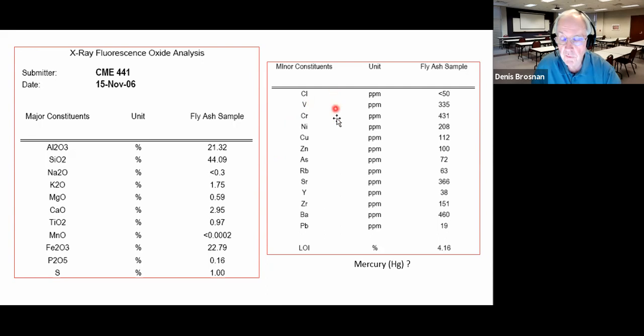We also found minor constituents by X-ray fluorescence. In this particular example, mercury was not identified, below the detection limit for mercury. By this particular method, mercury is reported as a concern in coal-fired power plants, large volume operations.